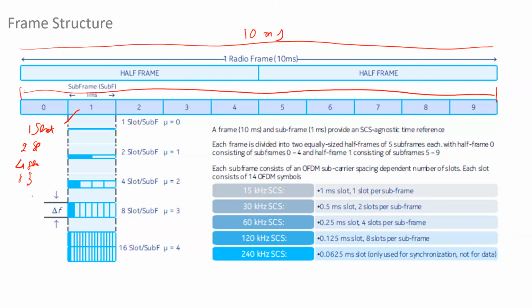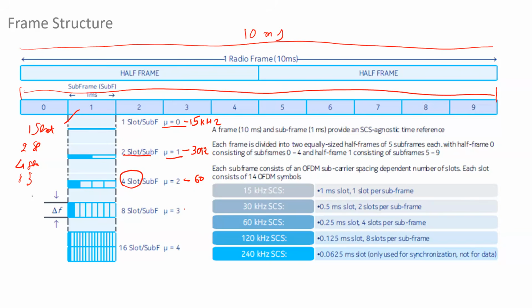We have one slot when mu is 0 and the subcarrier spacing is 15 kilohertz. When mu is equal to 1, our subcarrier spacing is 30 kilohertz, and we have 2 slots per subframe. When mu is 2, we have a subcarrier spacing of 60 kilohertz and 4 slots per subframe.